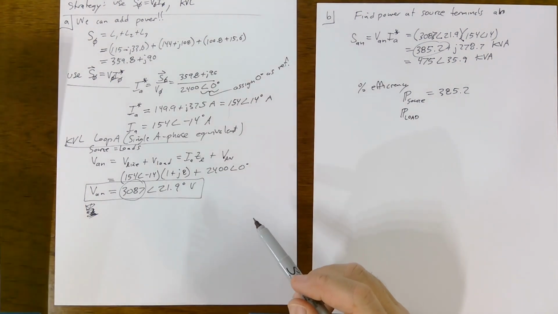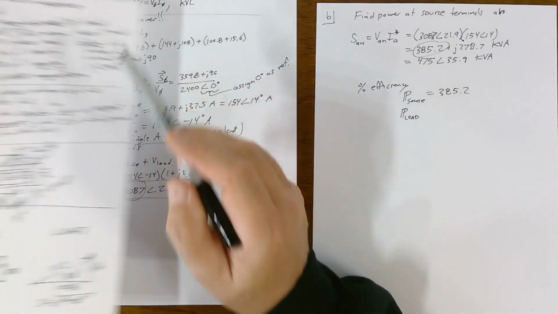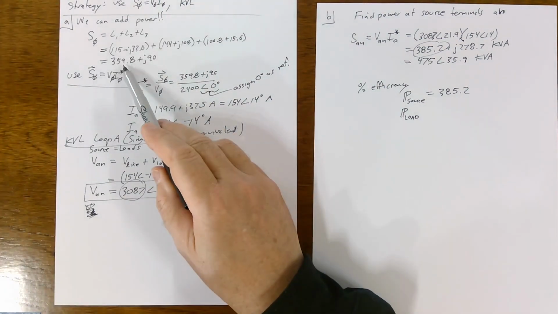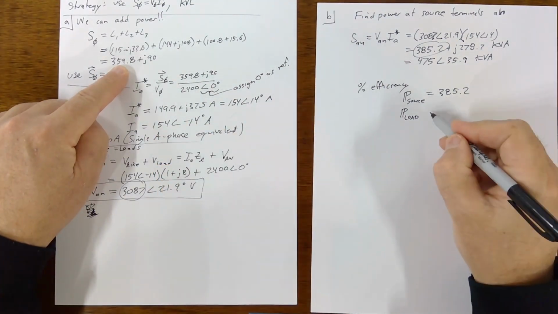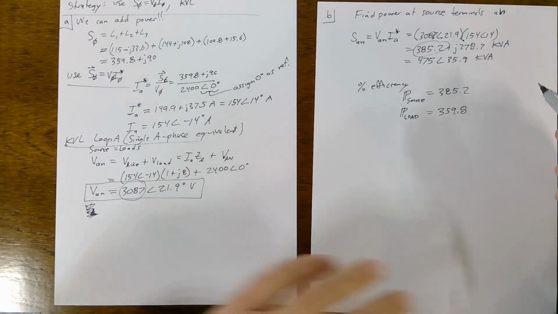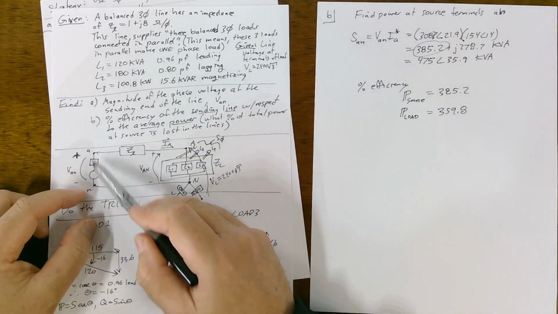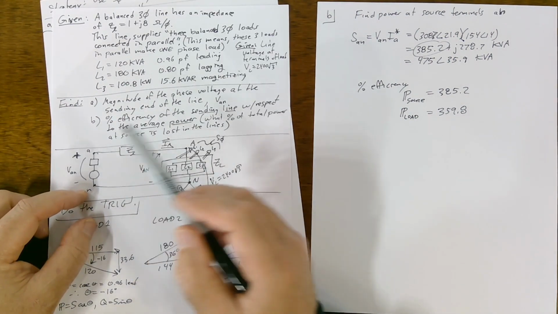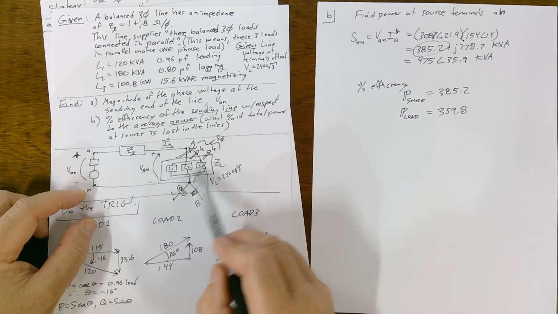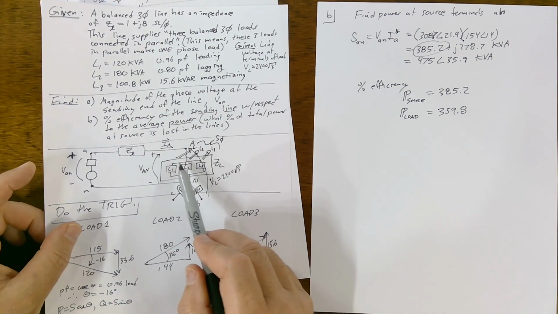We did that already. The total power at these three loads here is 359.8. So the difference between these must be in the power line, right? Because we calculated the power here from the voltage across and the current through it, and we had previously calculated the complex power here. So the difference between these two is this.